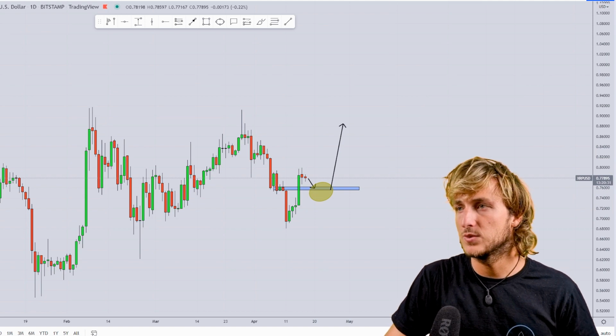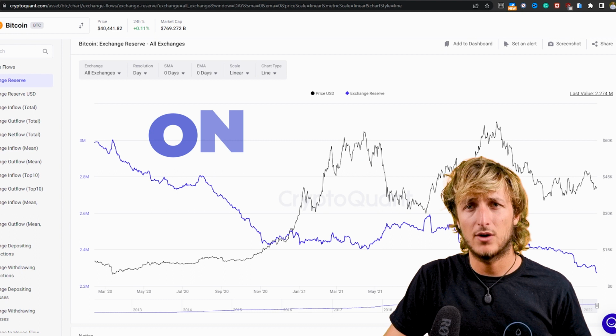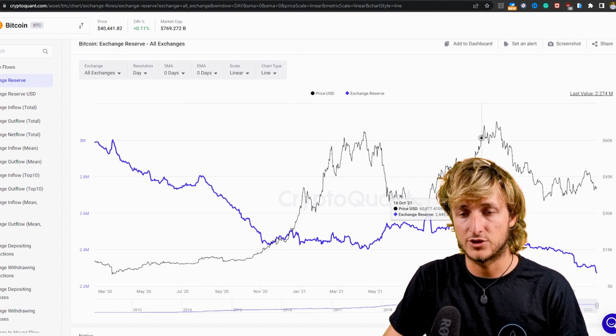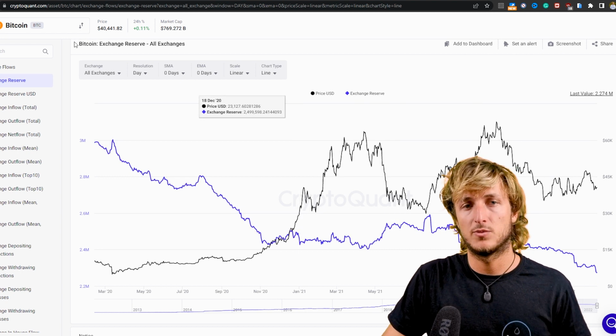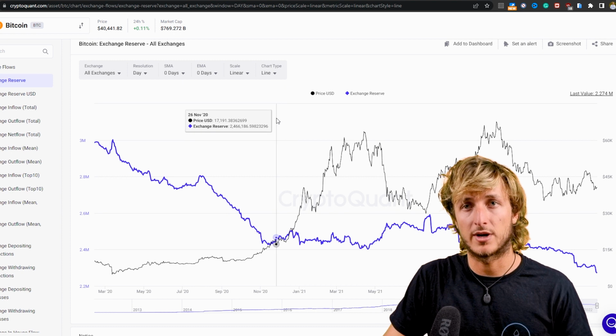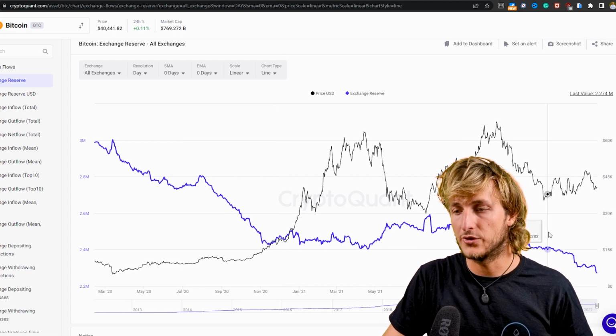Now, if we go and see what we have when it comes to the on-chain data, so how in general Bitcoins are moving on and off from exchanges. Now, the reason for which I'm looking at Bitcoins is because obviously most of the crypto market is highly correlated to Bitcoin, as you probably already noticed.